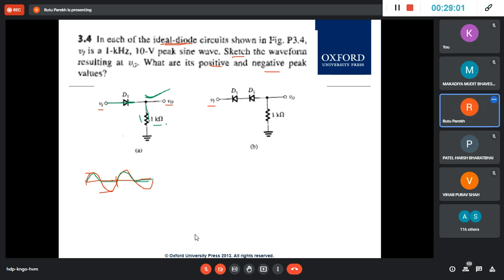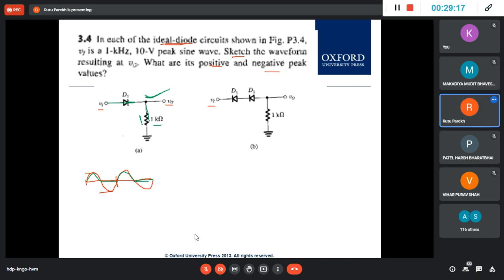I is equal to V upon R, voltage divided by R is the I flowing. So your I will change as per the voltage.